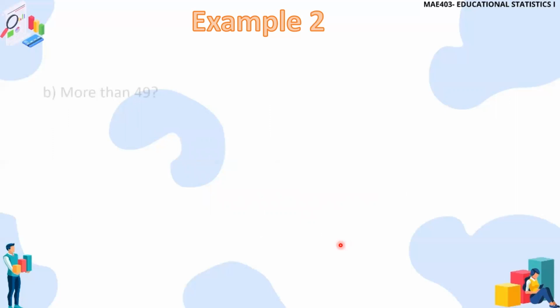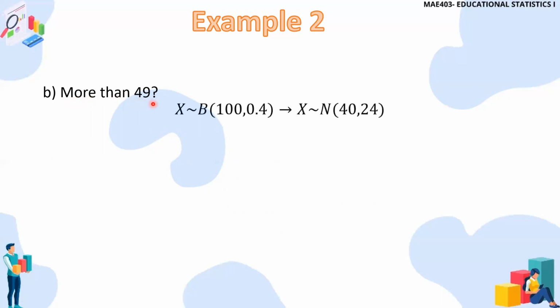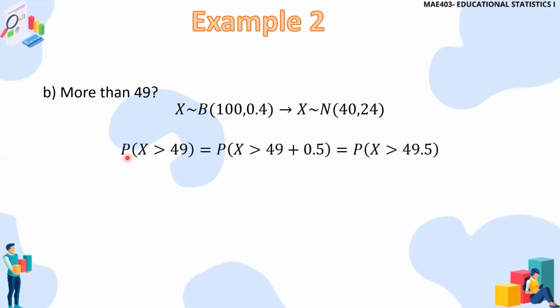Okay. Second question. The probability of the drivers involved in accident more than 49. So, we use the same binomial and approximate to the normal distribution with the mean 40 and the variance 24. So you have probability X greater than 49. Since it's greater, you need to plus 0.5, so 49.5.